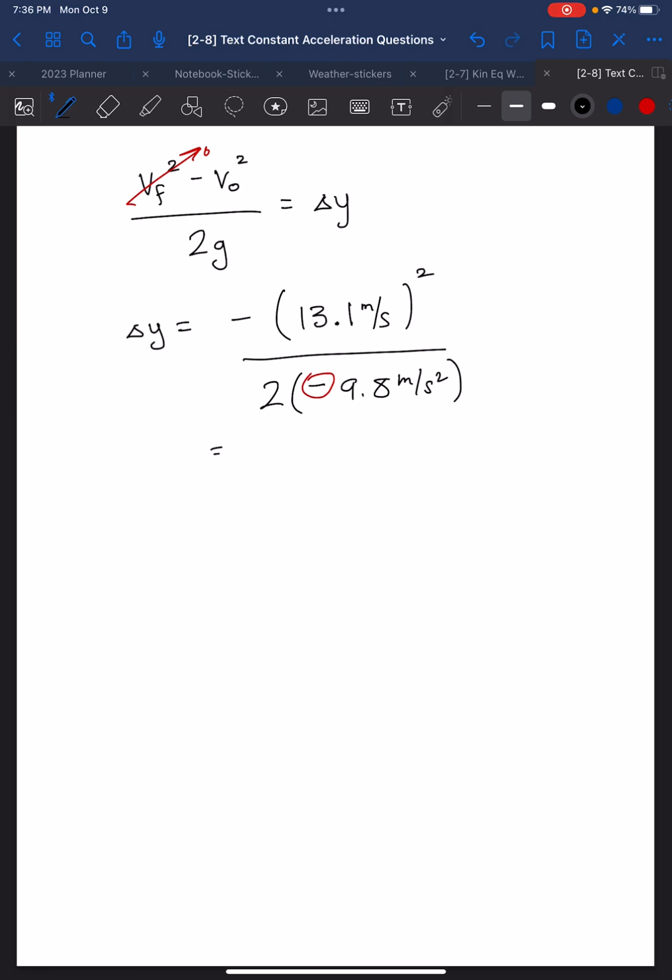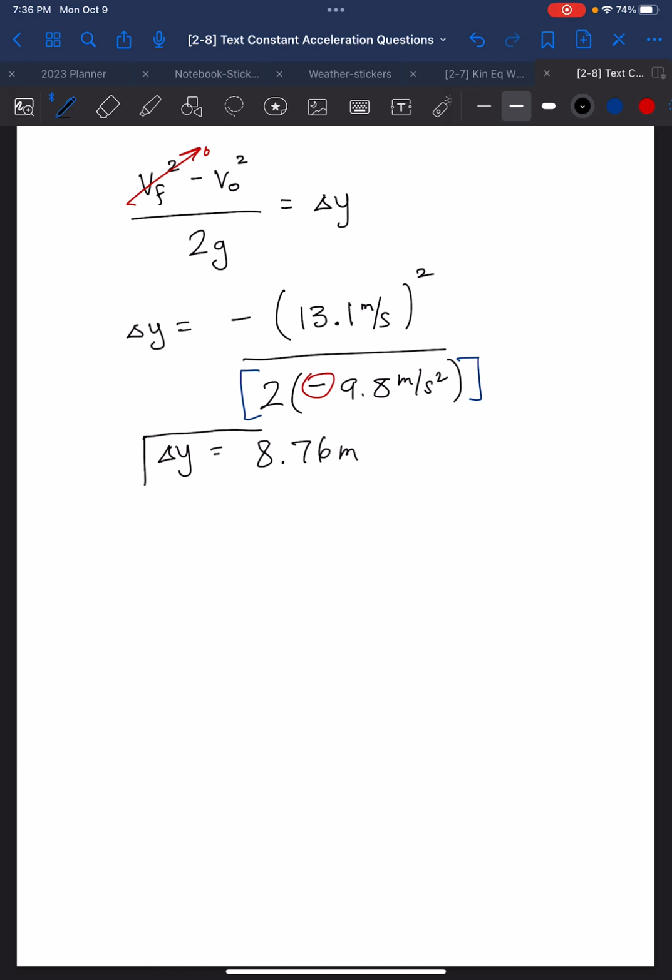13.1 squared divided by the quantity of, don't forget that. Force your calculator to be like, this is all in the bottom, divided by 2 times 9.8. Where's my meters per second squared button? And the displacement is evidently, gosh, what a weak throw. 8.76 meters high.